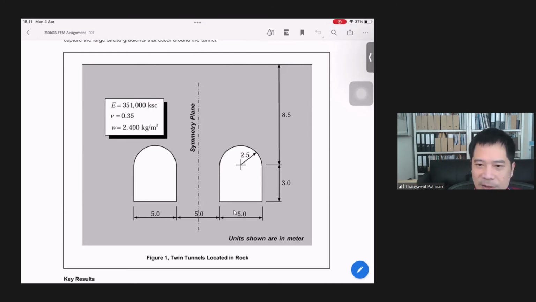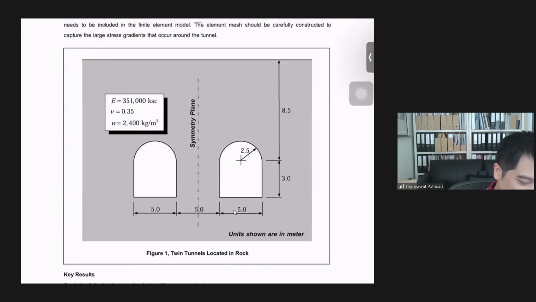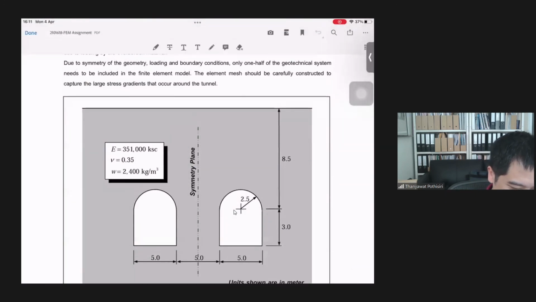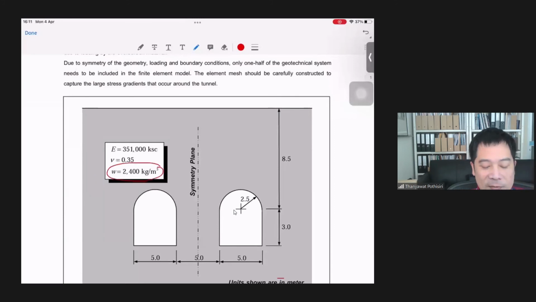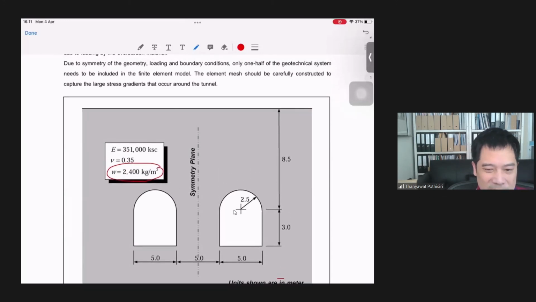For this particular problem, you need to include only the self weight of the rock in your analysis.